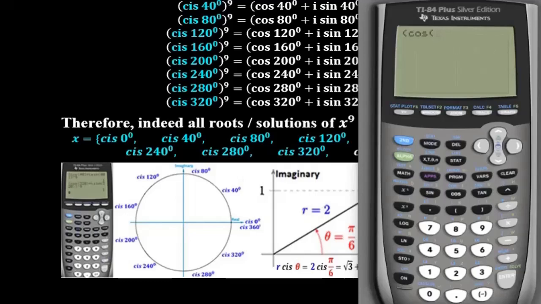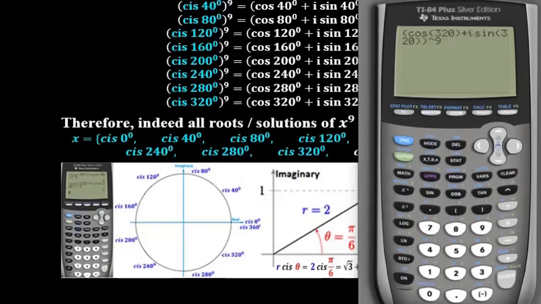We're going to start with 320 degrees, cosine 320 plus, open, plus i is second, i is here, so cosine 320 degrees plus i sine 320 degrees, close it, to the power of 9.